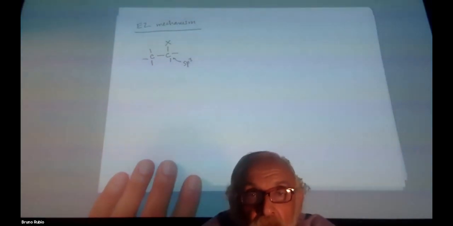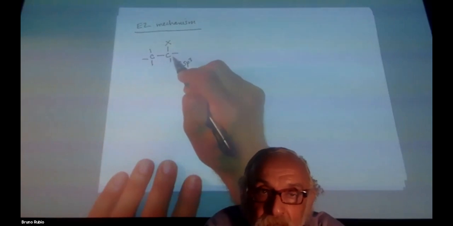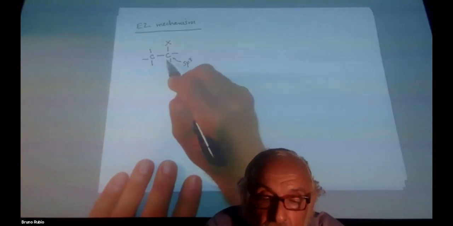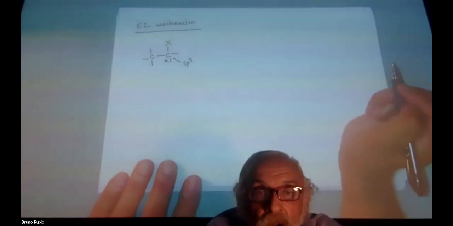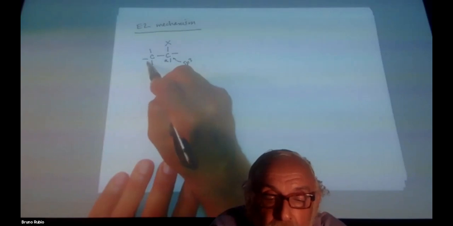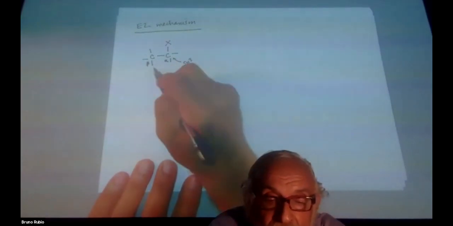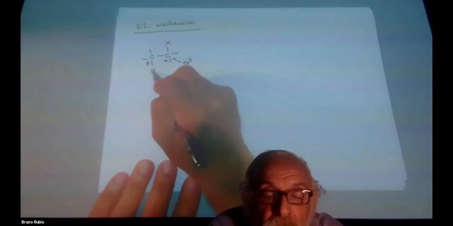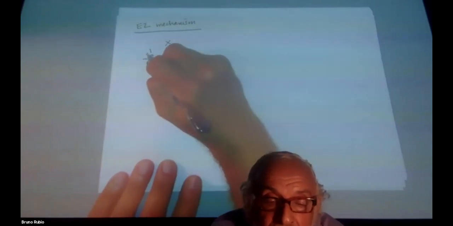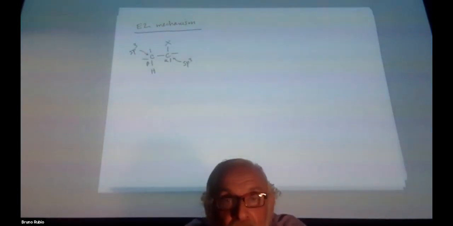The halide is on an sp3 carbon, and the carbon that bears the leaving group, we'll call the alpha carbon. The carbon next to the alpha carbon is the beta carbon, and the beta carbon has a beta proton on it. The beta carbon must also be sp3 hybridized.